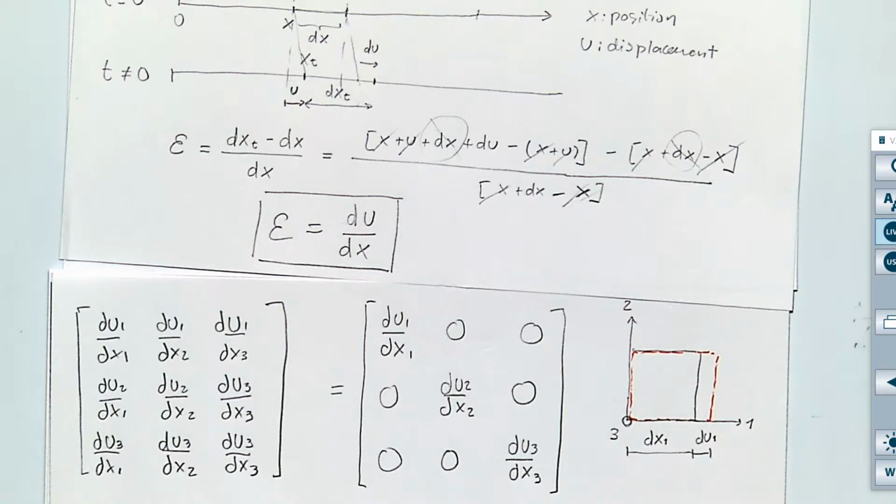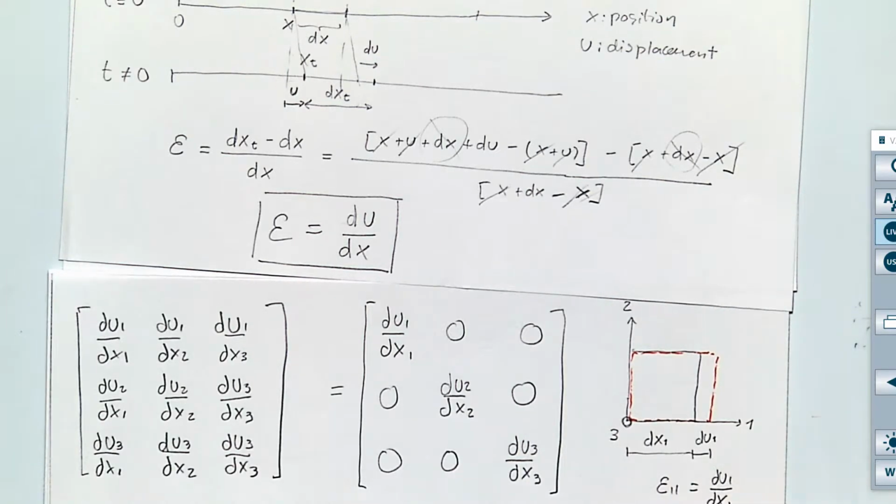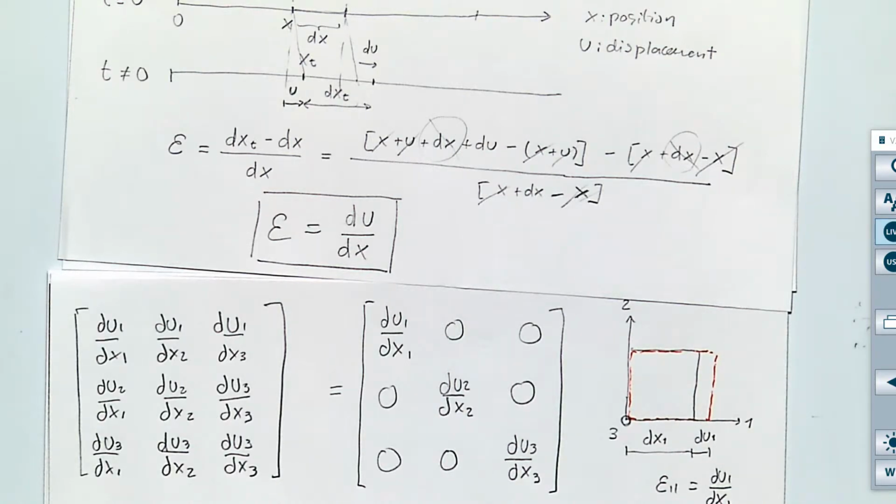A linear strain, which in this case is going to be epsilon 1,1, is a strain that produces a change of volume in the solid. And this is going to be very important later on, because, for example, fluids inside rocks affect the compressibility of the rock itself.